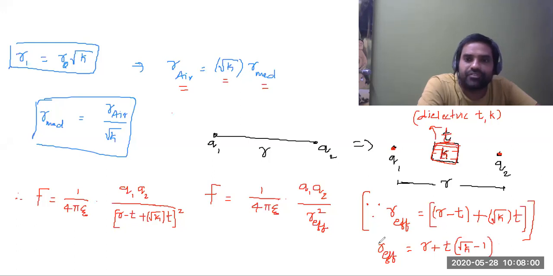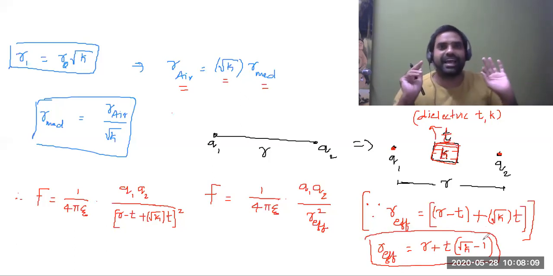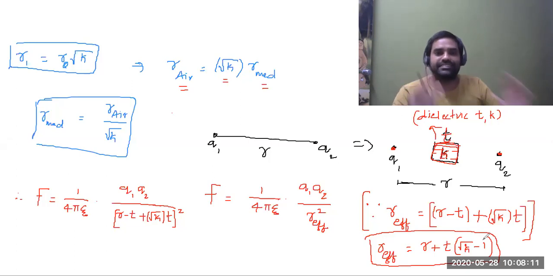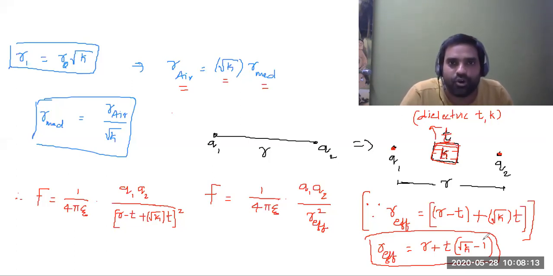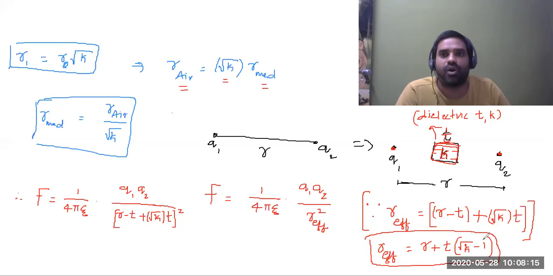That's it. If you take T as common, then R effective is equal to R plus root K minus 1 over, students, that's it. Like this we will generalize. Okay guys, I hope you might have understood how the medium and air affect the force between the charges.